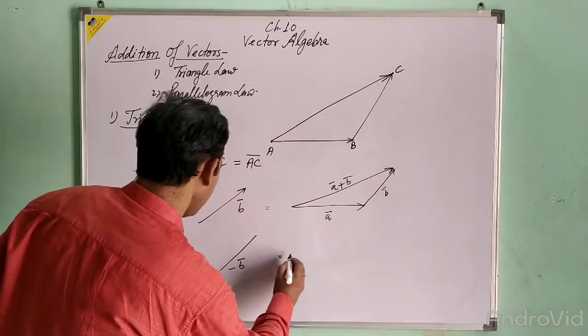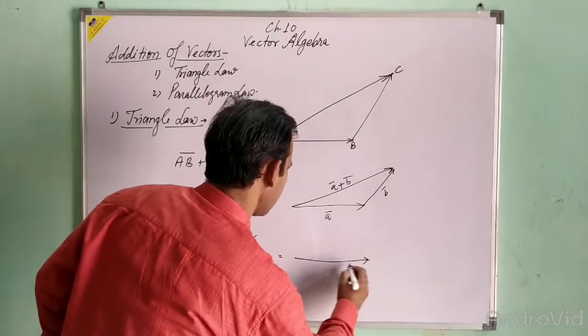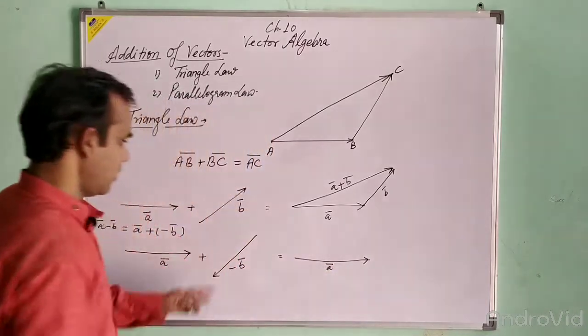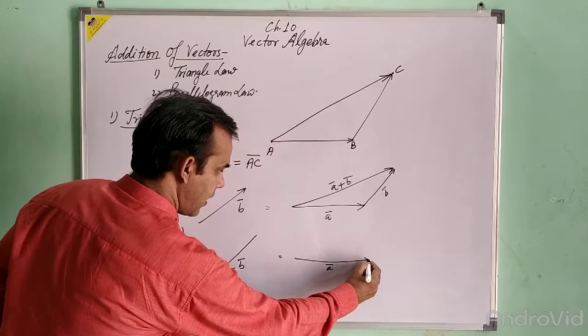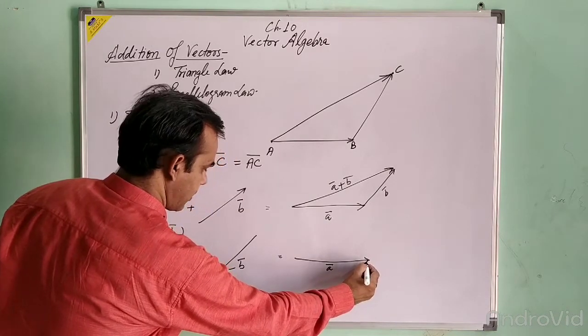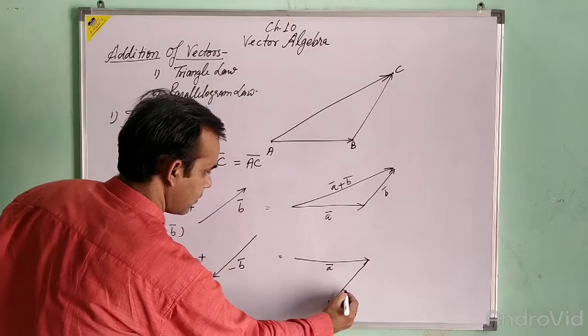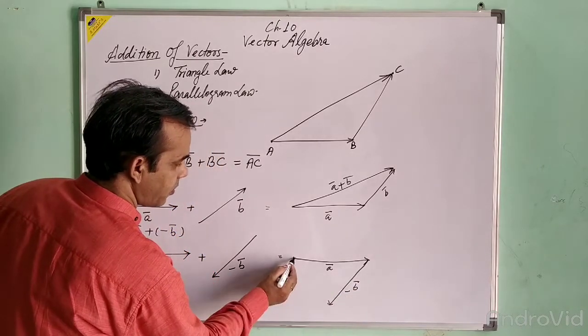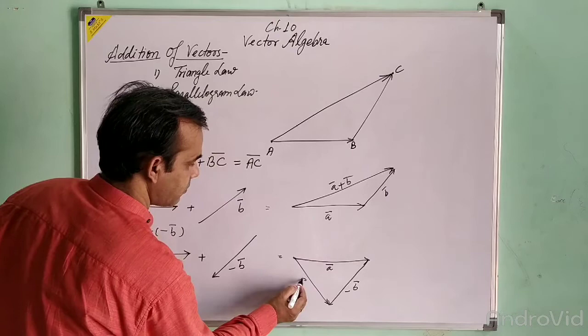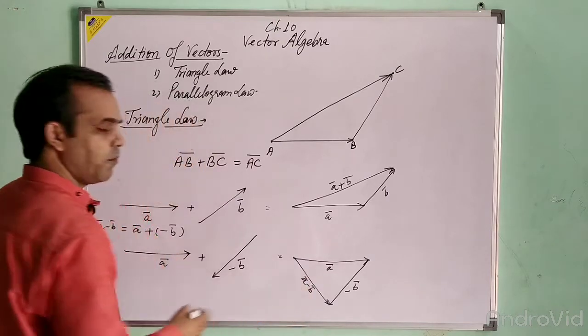How? A vector as it is, this is A vector, and the tail of this minus B vector will be added to the head of A vector. So this is minus B vector. Now this is the initial point, this is the final point. So this will show A minus B vector.